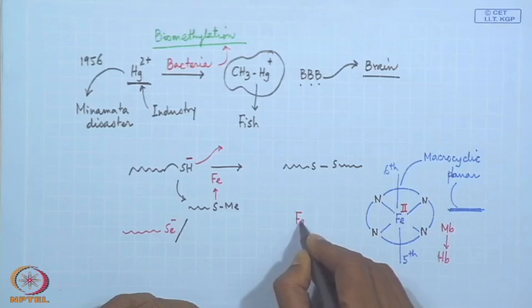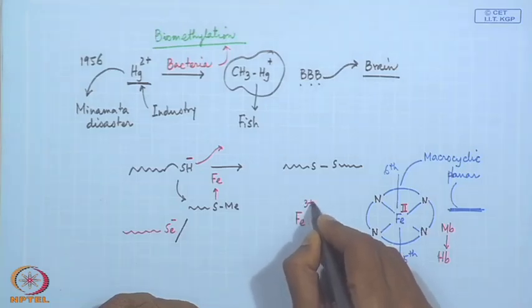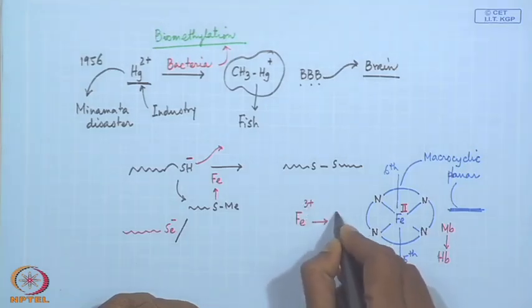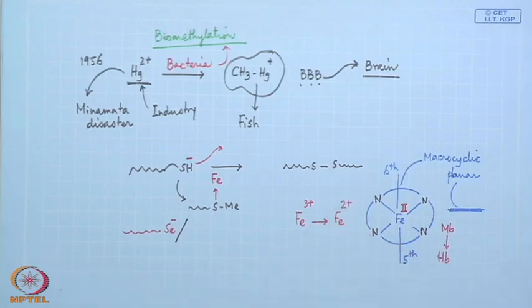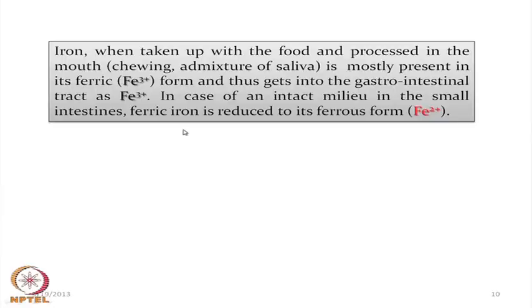So, whatever iron we are consuming as Fe3 plus in the small intestine, it is reduced to Fe2 plus, and after reduction it is carried to the porphyrin ring for the coordination. So, this reduction is important.